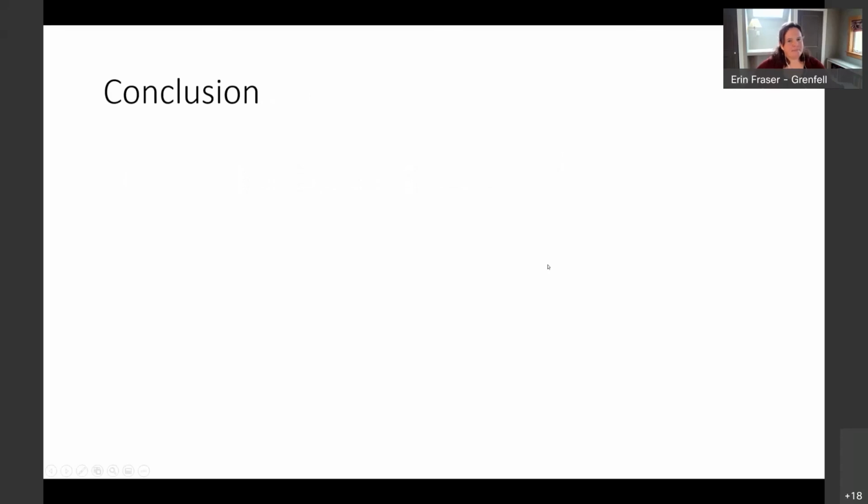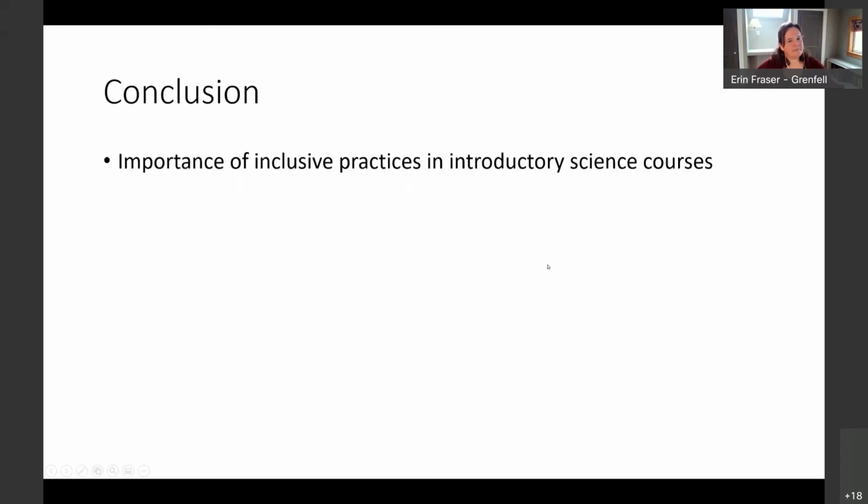Yeah. So just to wrap things up, we've talked about why it's so important to change all of these ways of thinking so that we create a more diverse teaching and learning environment, especially in these introductory courses where we're seeing this disproportionate effect on students who identify as minorities.